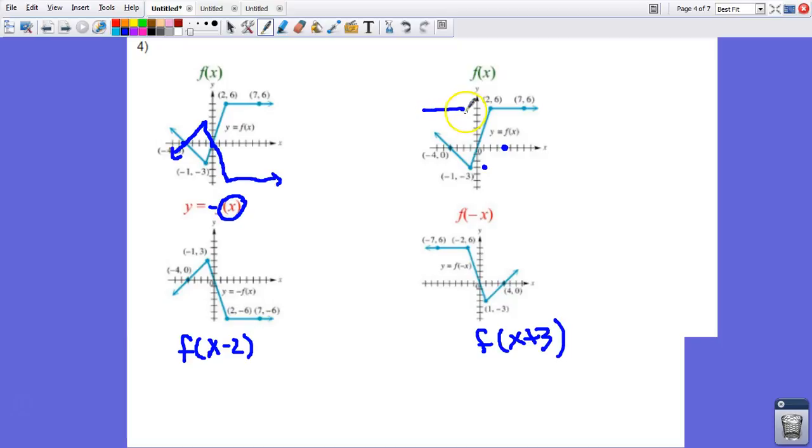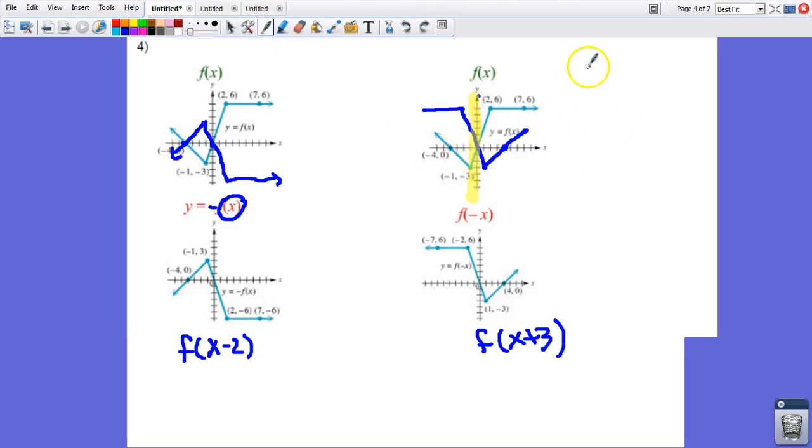And then the same. Cool. See how we just reflected it over the y here? Okay, if we would have folded it right there, that's where it would have been.